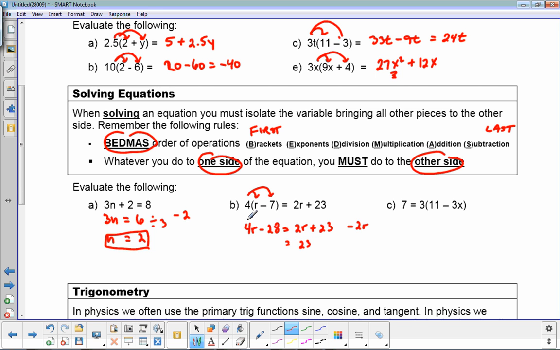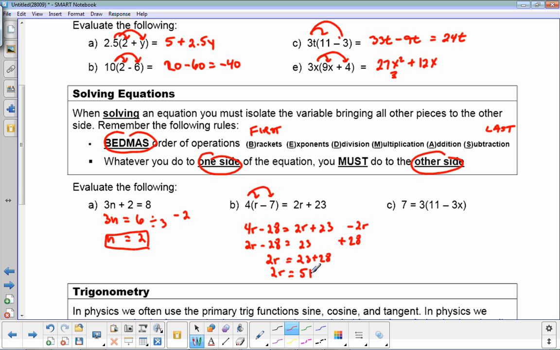And then 4r minus 2r is 2r minus 28. And then I'm going to be adding 28 to both sides. So this becomes 2r is 23 plus 28, so 2r is equal to 51.